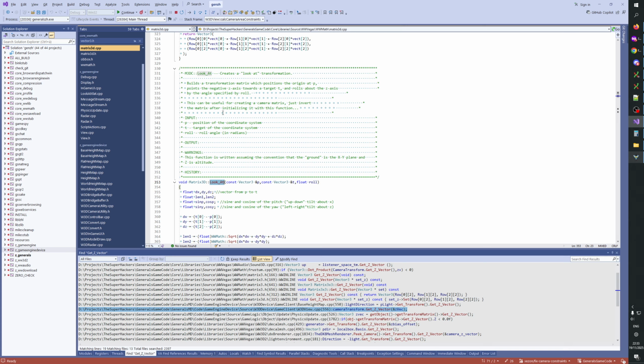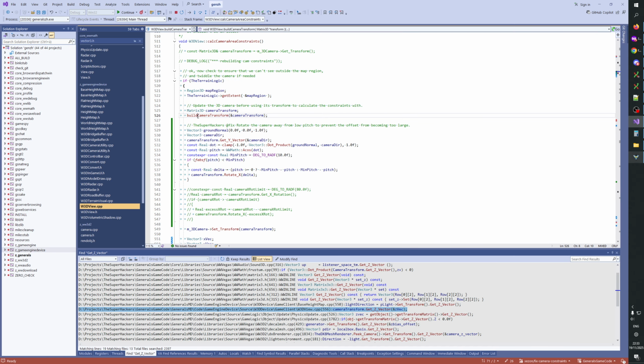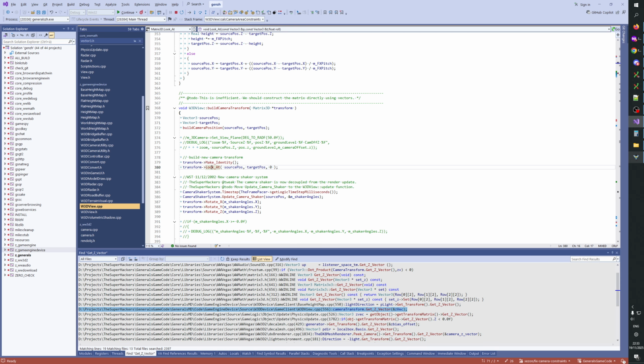This can be useful for creating a camera matrix. Just invert the matrix after initializing it with this function. Why invert? Builds camera transform. Look at, there's no invert.